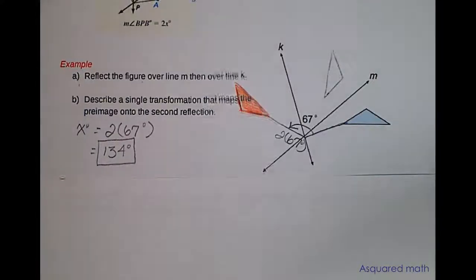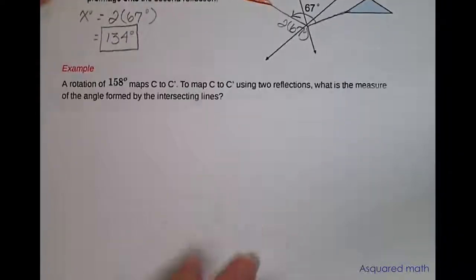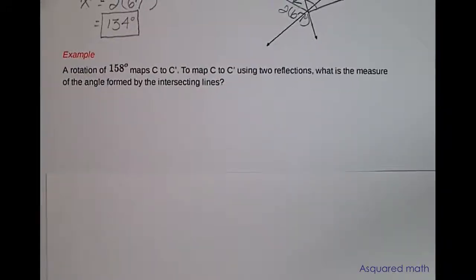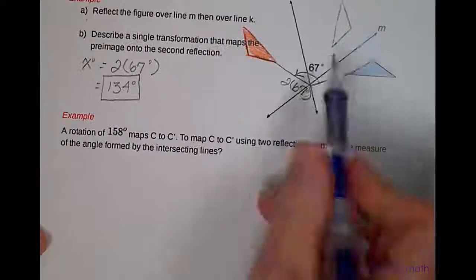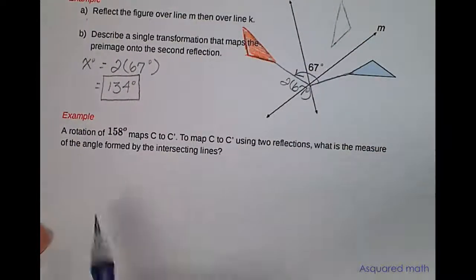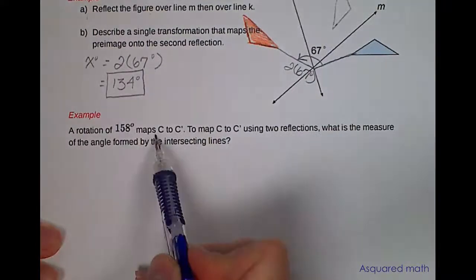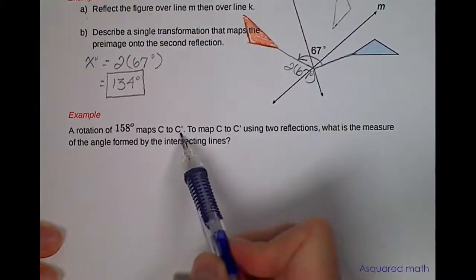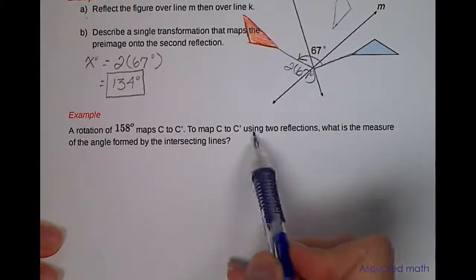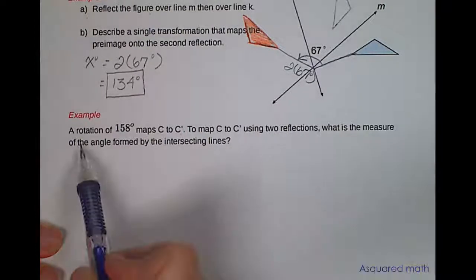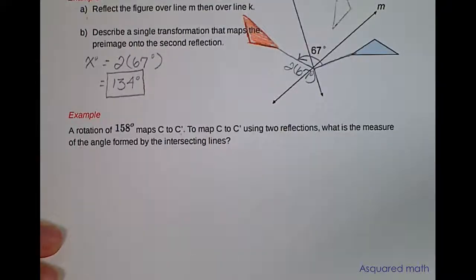Going backwards in an example, now I'm giving you the final angle of rotation. I want to know what that angle is for the intersecting lines. So the example says a rotation of 158 degrees maps C to C prime. To map C to C prime using 2 reflections, what is the measure of the angle formed by the intersecting lines?